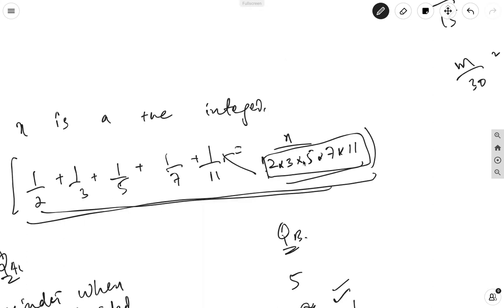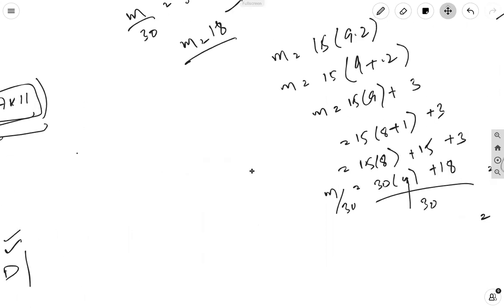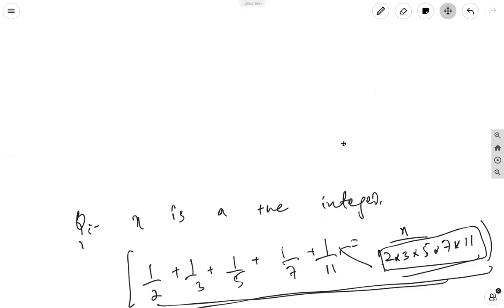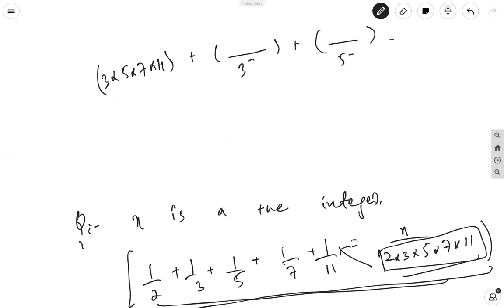So at first we will have 3 into 5 into 7 into 11, plus the second one will not include 3, all values other than 3. Third one, all values other than 5. Fourth one, all values other than 7. And the next one, all values other than 11, is equal to x. You're getting what I'm doing? Just multiplying this to the left side, and at first, divided by 2. So there is no 2 in this, except all other values are there.